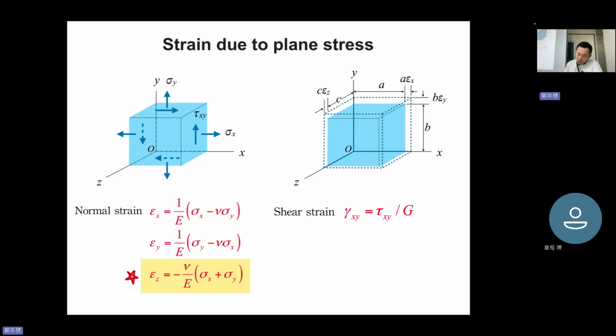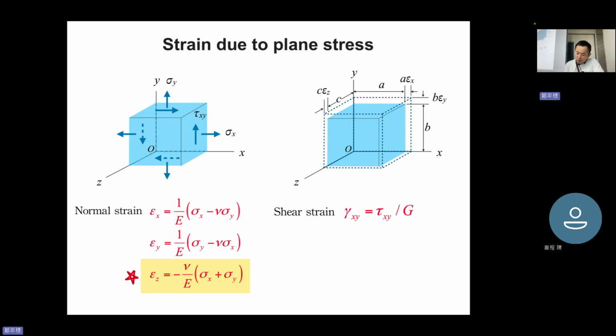So you can imagine this is a cube, a typical cube for a stress element. Before the loading, you have A, C, B as the original lengths of the three edges.